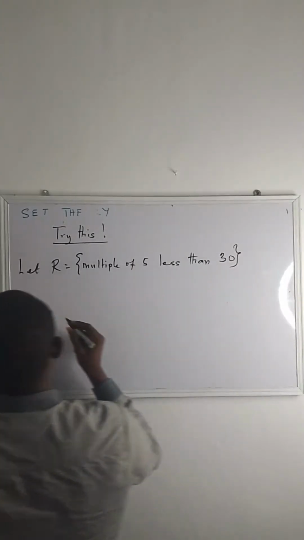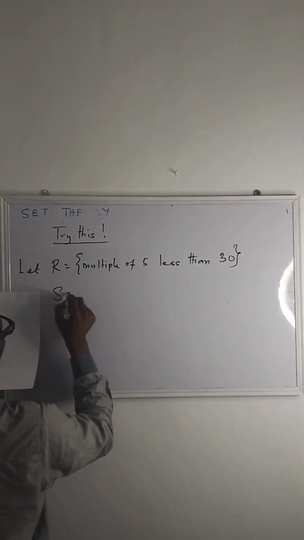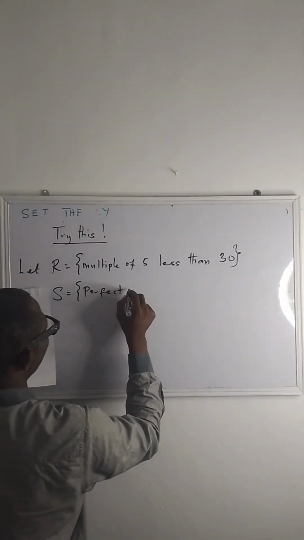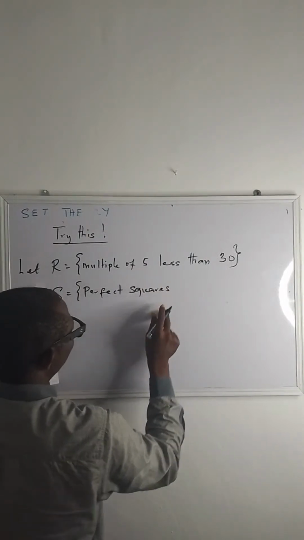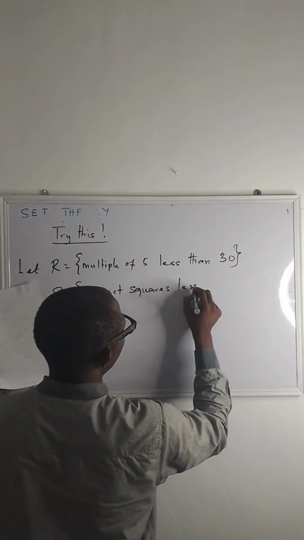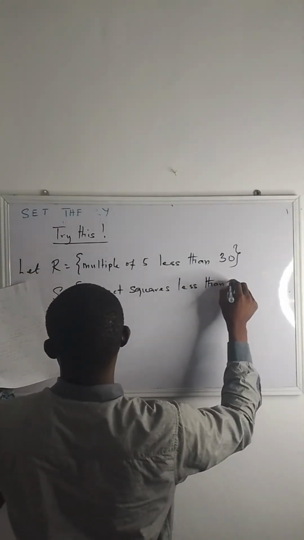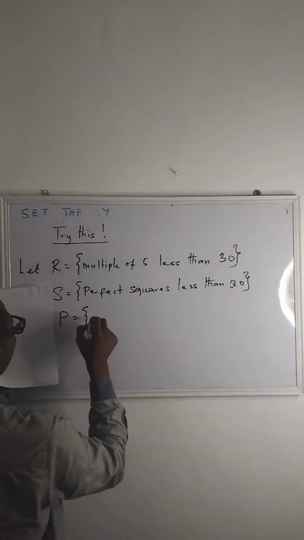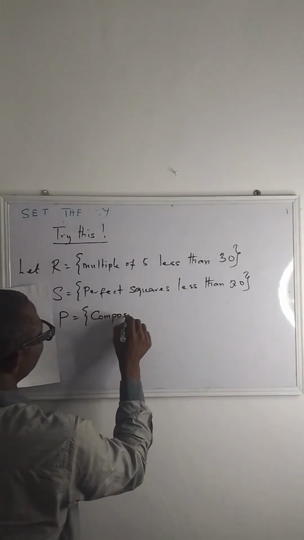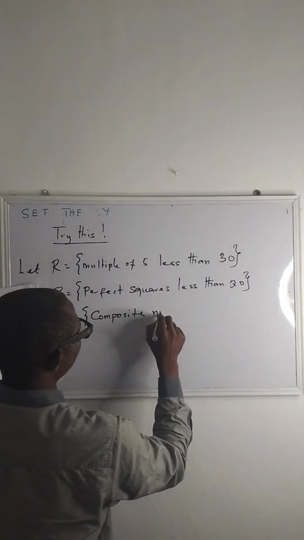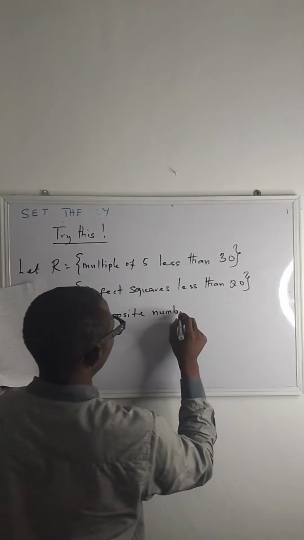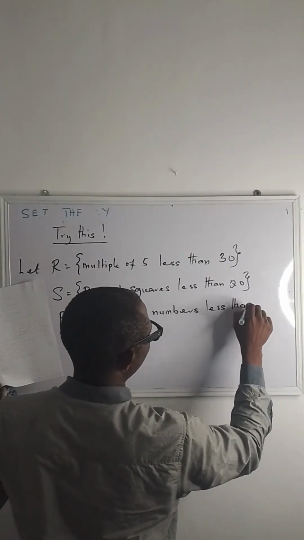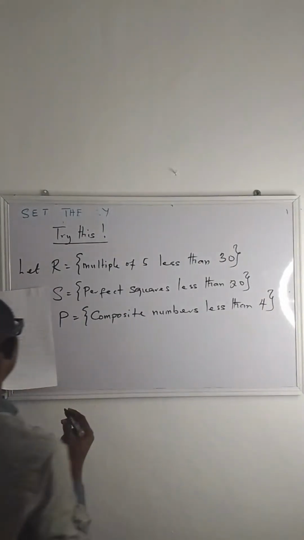And then we have S to be the set of perfect squares less than 20. And the last one, P is the set of composite numbers less than 4.